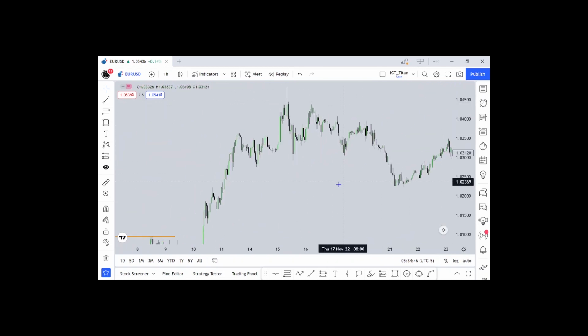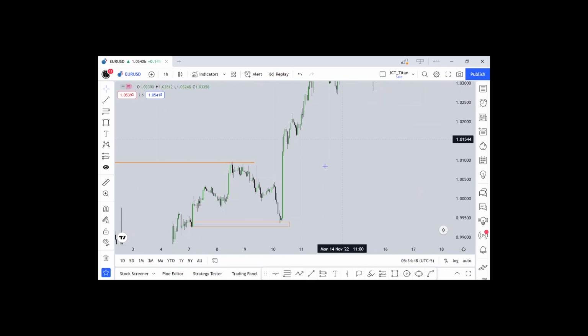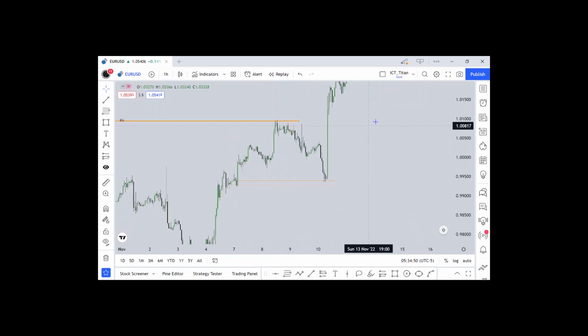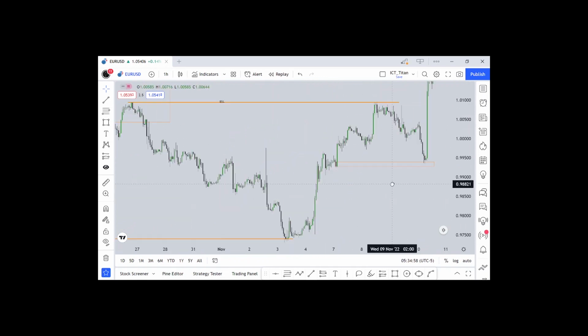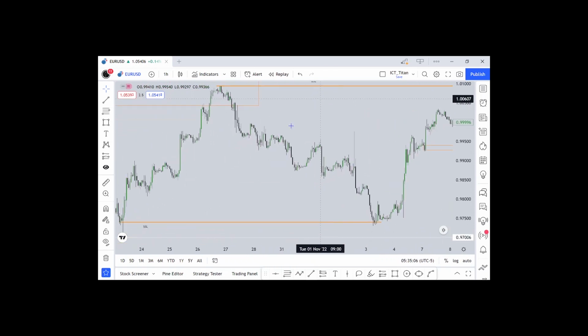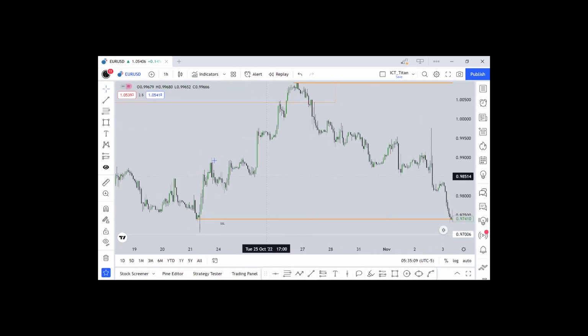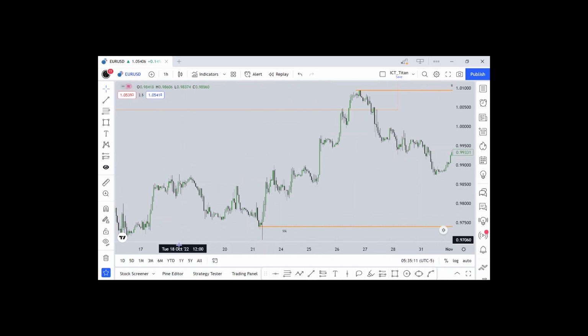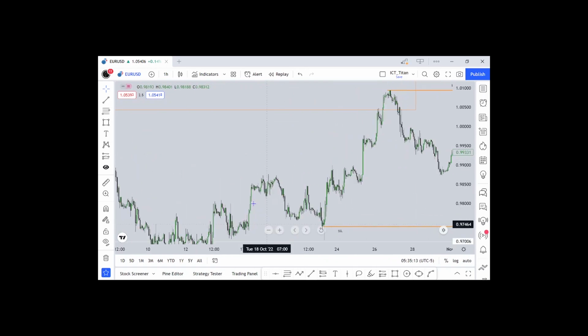So that's how I do my analysis, keeping the point of interest in mind, doing analysis from the higher time frame to lower time frames, and knowing what to look for.